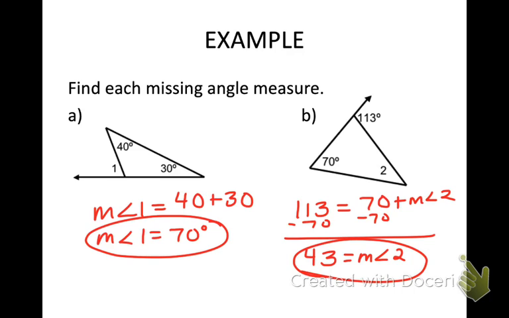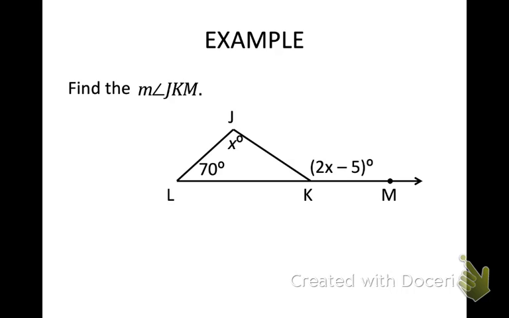Now can we put algebra into the mix? Yes, let's do it. What's your exterior angle up here? 2x minus 5. Does everybody see how that represents the exterior angle?